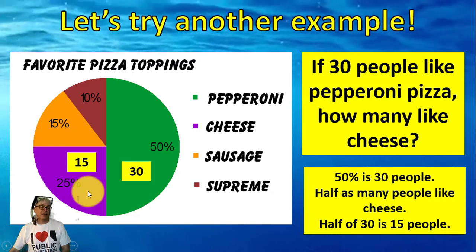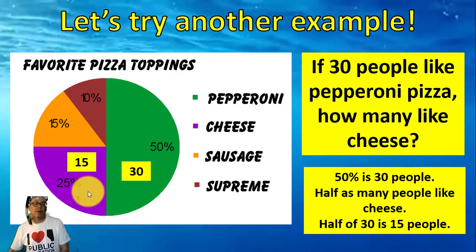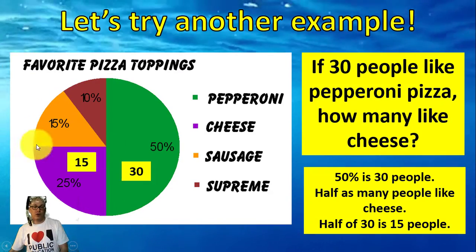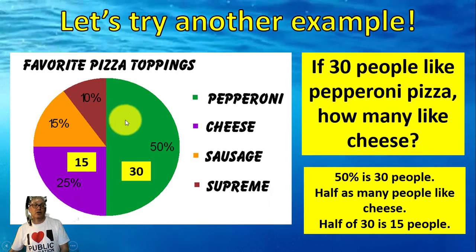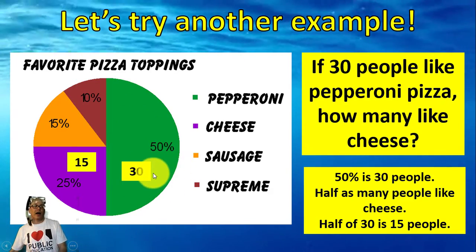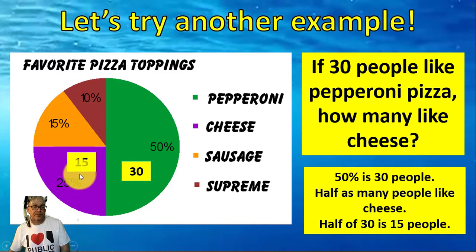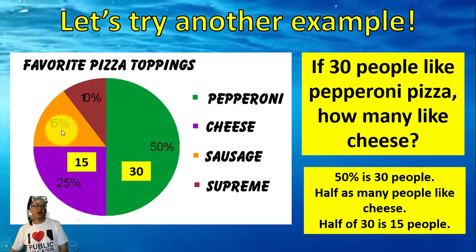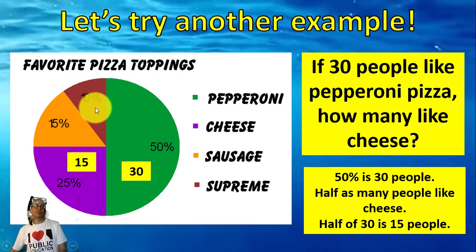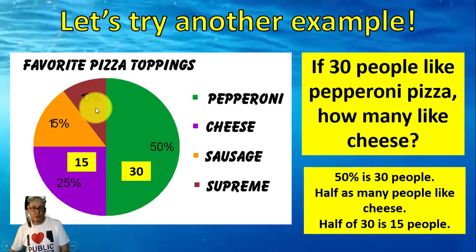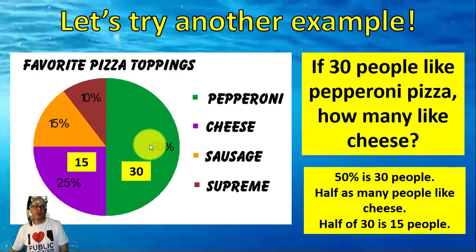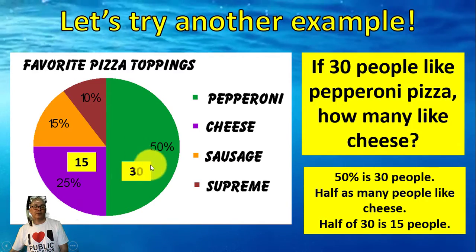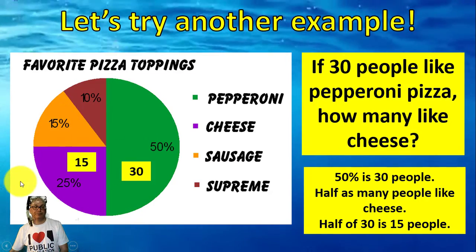So this is another thing that's interesting about pie charts. If you know how many people are in this green, you can also figure out how many people are purple or how many people are yellow or how many people answered supreme. Right? You can figure it out. Once you know one of the values, once you know one of the numbers, you can figure out all the others.